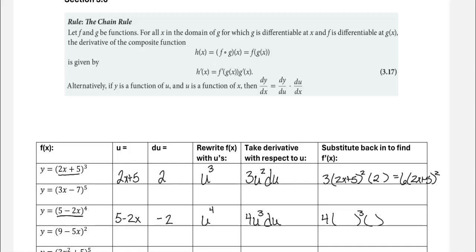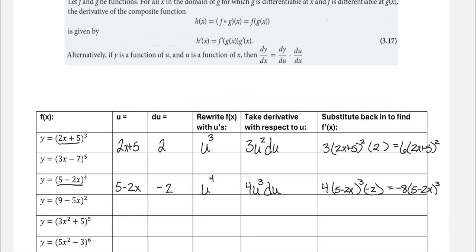So this is 4u cubed du. U was 5 minus 2x, so that's what's being cubed. And the derivative of that inside function was negative 2. And then we're going to clean it up. This is really negative 8 times (5 minus 2x) to the third. We do not need to multiply those out. It is fine to leave it as is.